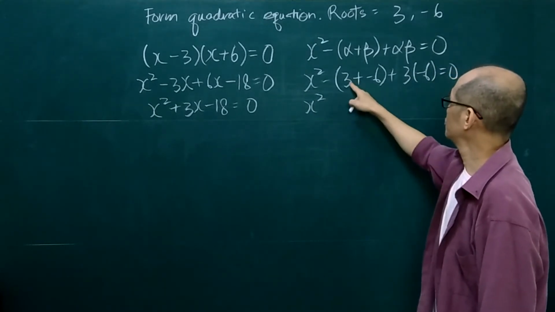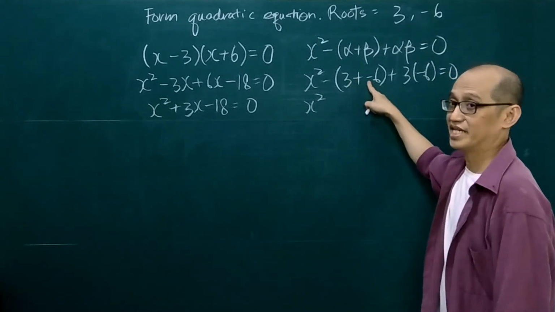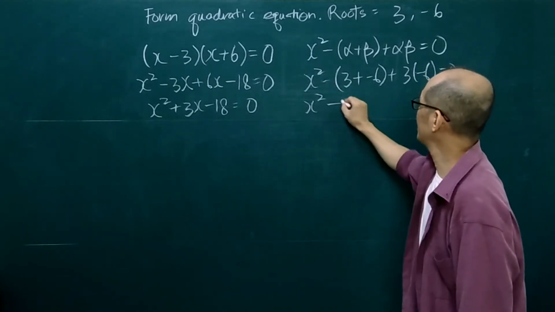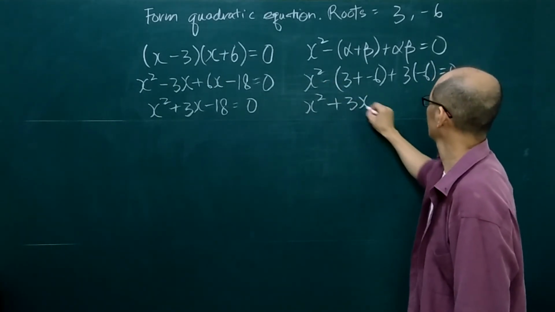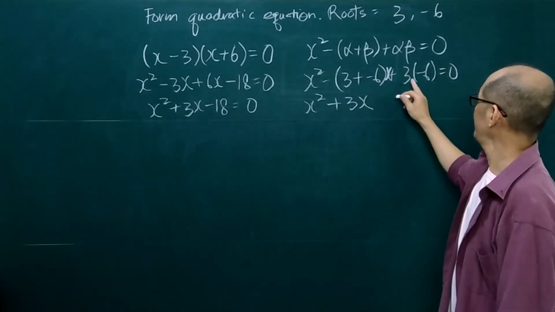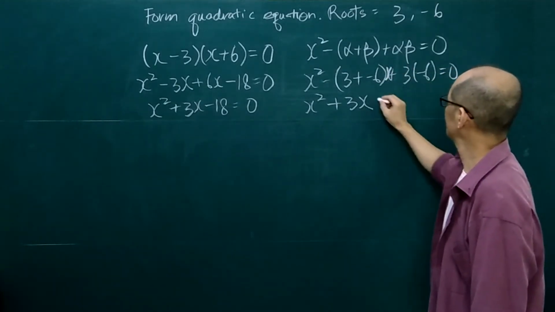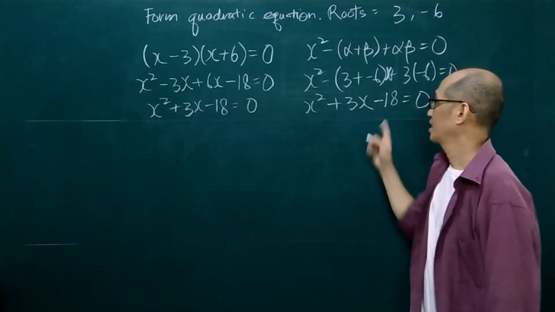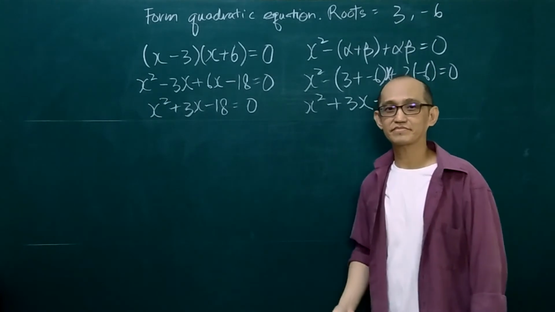So we have 3 plus negative 6, we get negative 3, and then there's a negative here, so we have plus 3. Oh, sorry, there should be an x here. And then 3 times negative 6, we get negative 18. We get the same answer.